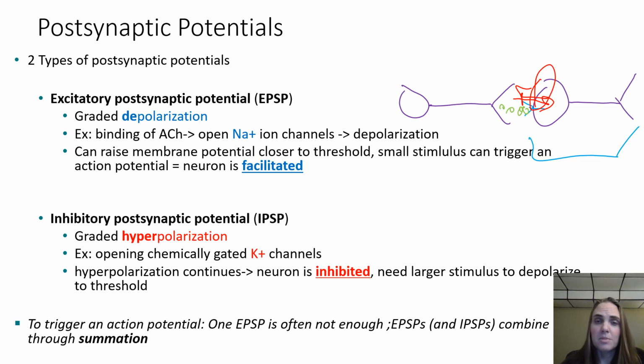To trigger an action potential, often one excitatory postsynaptic potential is not enough, so sometimes we need more than one. Excitatory and inhibitory postsynaptic potentials can all be happening at the same time or one after the other on the postsynaptic membrane, and they combine together through a process called summation.